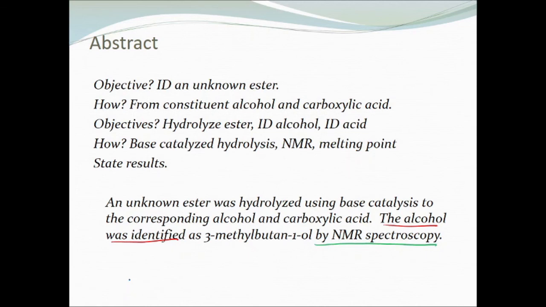And we give our results. It was identified as 3-methylbutan-1-ol. And you would do this for the other factors as well. The acid was identified as benzoic acid by melting point.